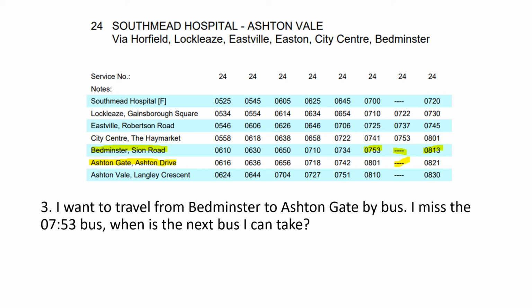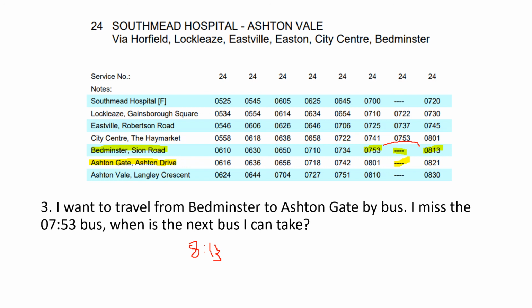So that means I'm waiting to go onto the 8:13 bus. The 8:13 bus would be my answer. Because it says when is the next bus I can take. The next bus I can take is 8:13.